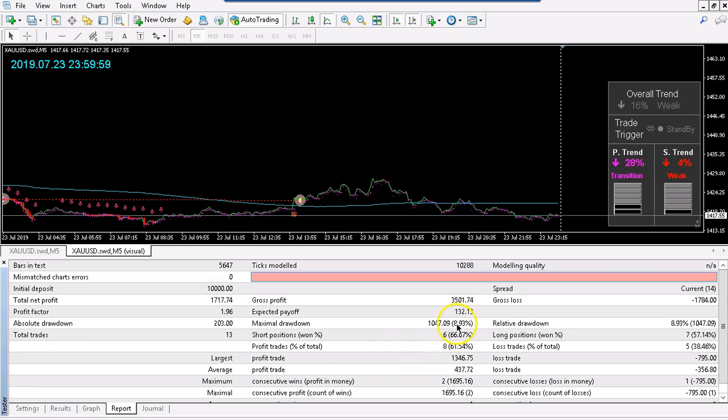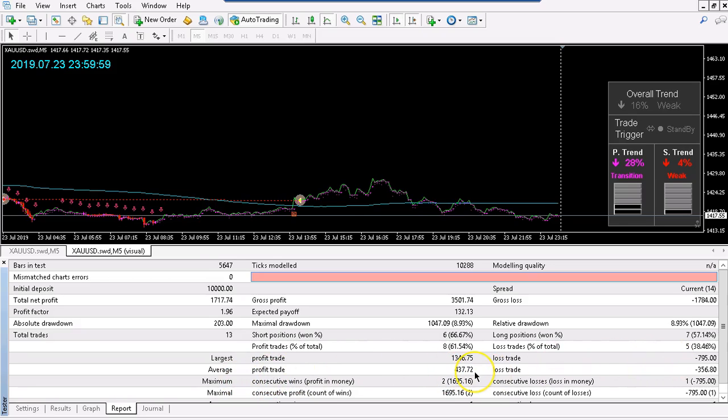So that's 8.9% drawdown. But we see an overall profitability of 17%, which is really significant over about a 3-week period. Profitable trade 61.5%, and the largest profit 1,346, largest loss 795.